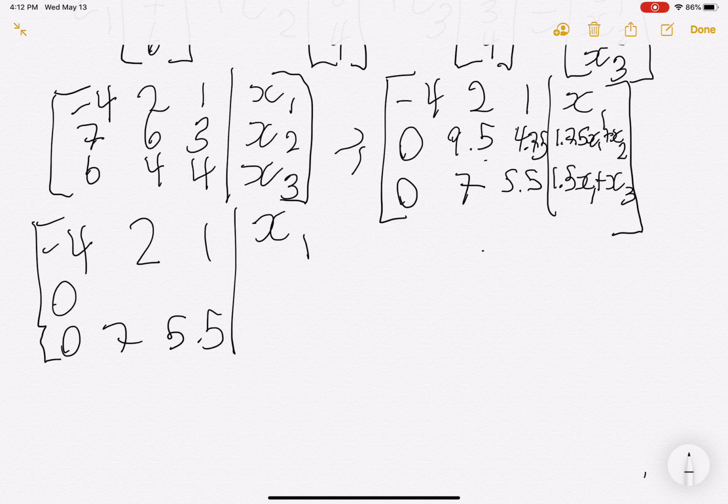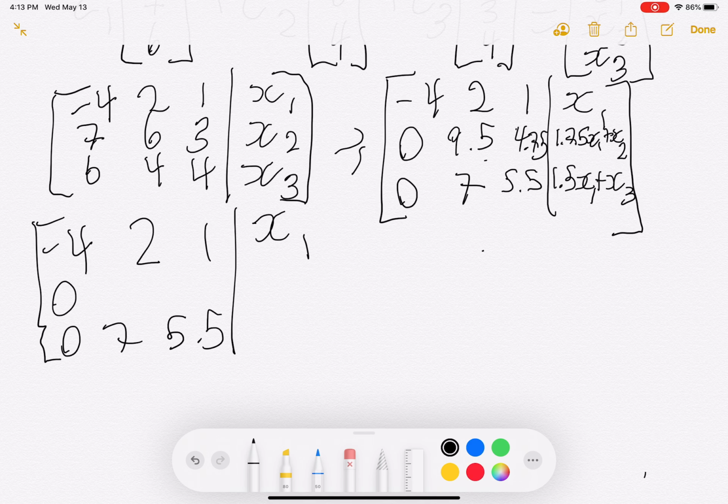5.5. Actually, it might be. I need to think critically here. It might be easier if I just divide. Yeah, I'm going to do that. We're actually going to divide row 3 by 7. Should be easier.